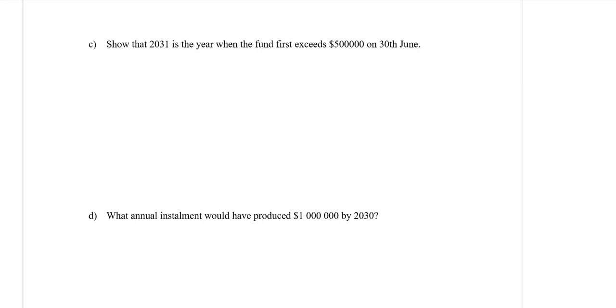Again, this kind of messes with your brain a little bit, because the 30th of June actually means that our last deposit was in the year 2030. But that's okay. We want to show that it's going to cross over that $500,000 mark. Between n equals what, the lower end, and n equals what, the higher end?